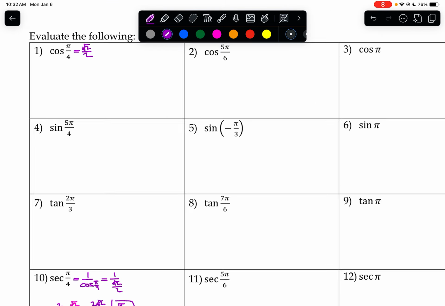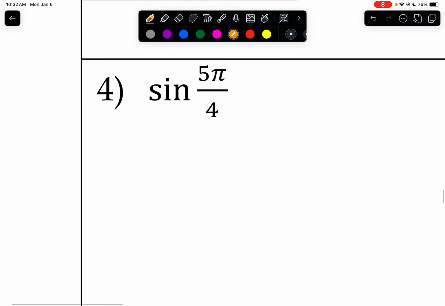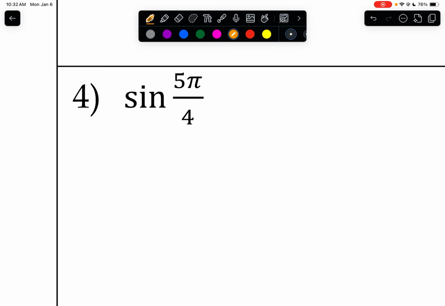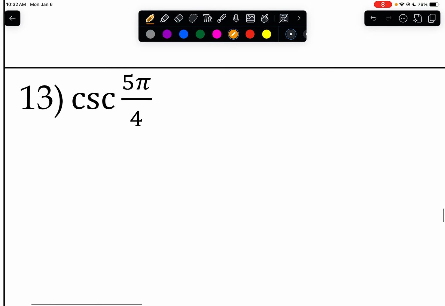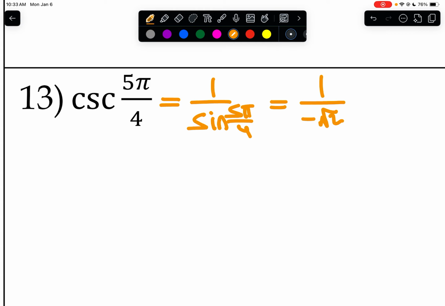So same idea with sine of 5 pi over 4. So sine of 5 pi over 4 is going to give you a negative root 2 over 2. But then if I go down to number 13 and I do cosecant of 5 pi over 4, well, cosecant is 1 over sine of 5 pi over 4, which means I want 1 over negative root 2 over 2.